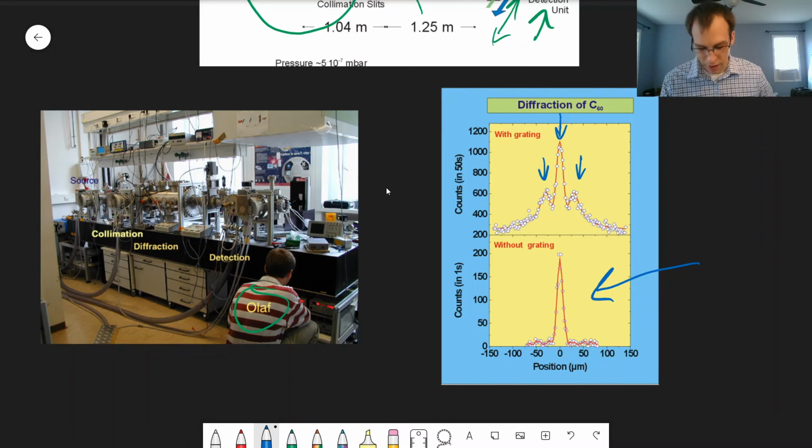And this is, again, the constructive and destructive interference that's happening because these molecules are actually behaving like waves, diffracting and interfering. The wave nature of these molecules is interfering with each other. And so this is a really dramatic example of something much larger than electrons that shows that this really does happen for even fairly large microscopic objects.